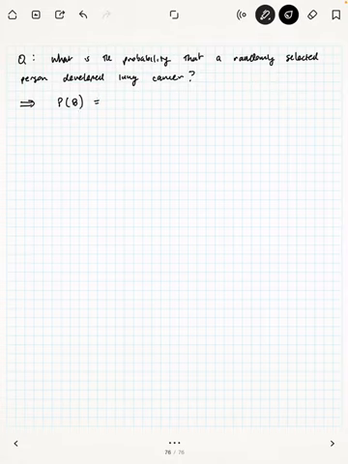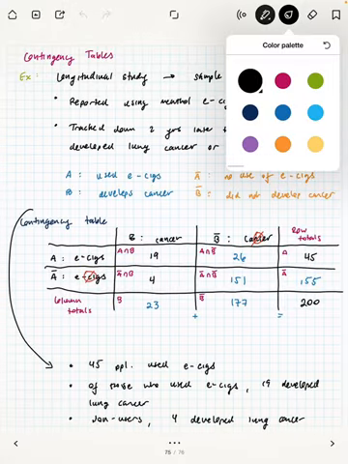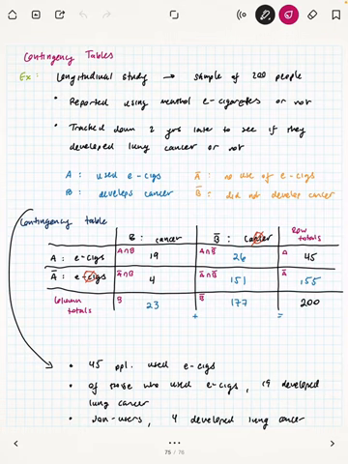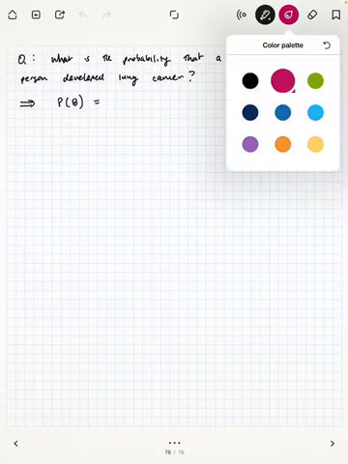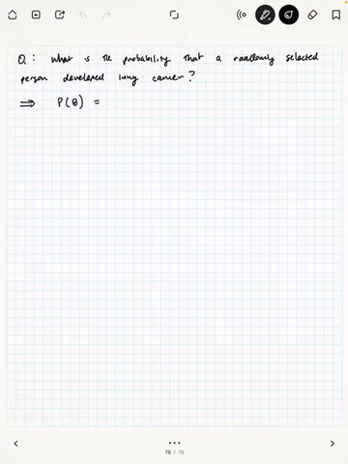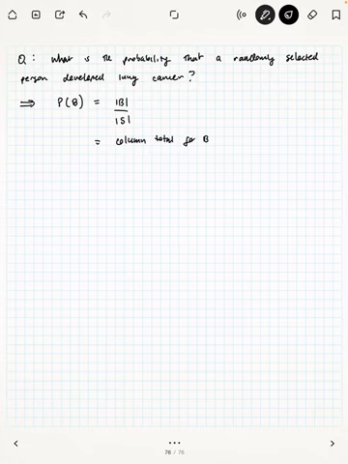And how we can determine that from the contingency table, if we go back, is we want to look at the total number of people in the category B and divide that by the total number of people in the whole sample space S. So in other words, if we're literally computing this calculation from the contingency table, we're looking at the column total for B divided by what we call the grand total, which is the bottom right corner.